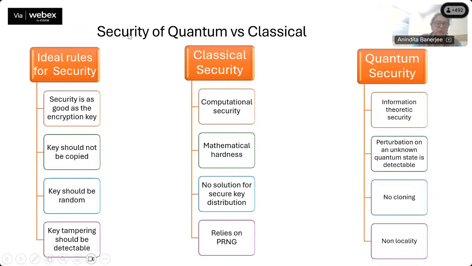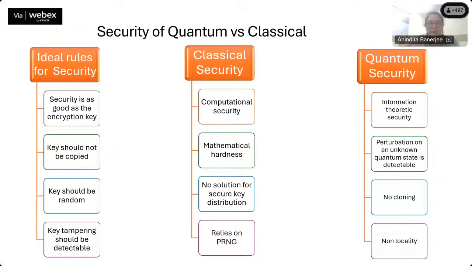The ideal rules for security would be that the encryption key, because the entire game of quantum key distribution is about the cryptographic keys. In quantum cryptography we are talking about symmetric key cryptography. So if I'm saying encryption key, that means the decryption key is the same.